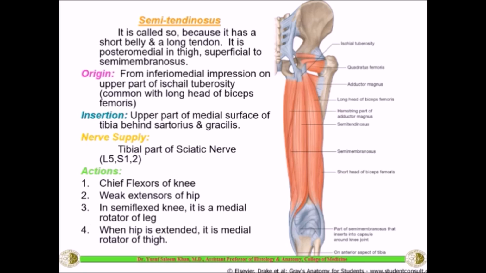Not exactly at the knee joint, it will be at the hip joint itself, but it will be medial rotation of the hip joint or the thigh. And when the hip is extended, in that case, it will act as the medial rotator of the thigh itself.